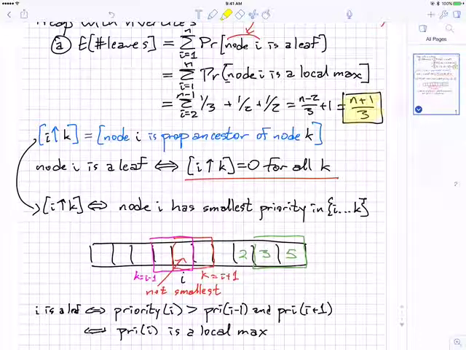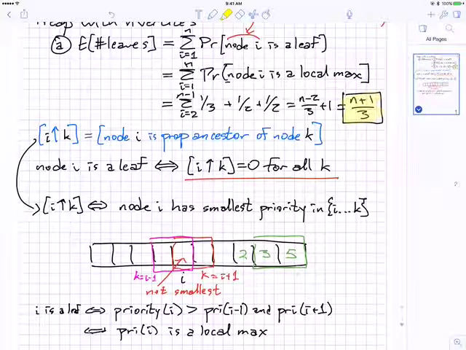So for the 1 child or 2 child cases, would you only change the boundary conditions? Yes, that's exactly right. When does node I have 2 children? That's when its priority is a local minimum. When does node I have 1 child? When it's not a leaf and when it's not a node that has 2 children.